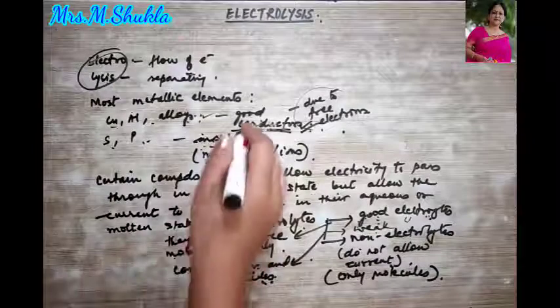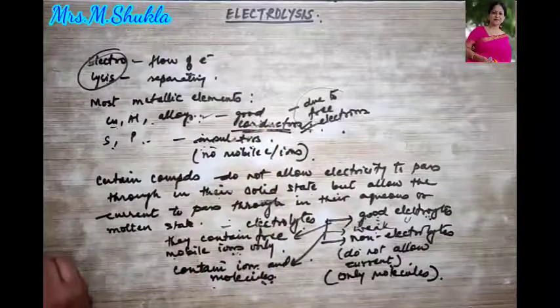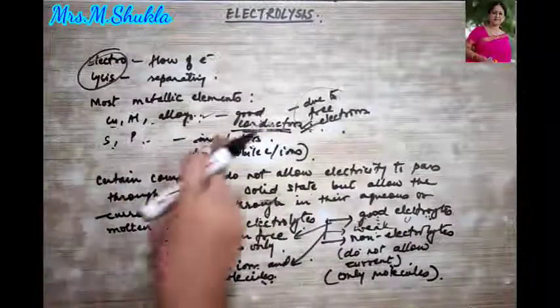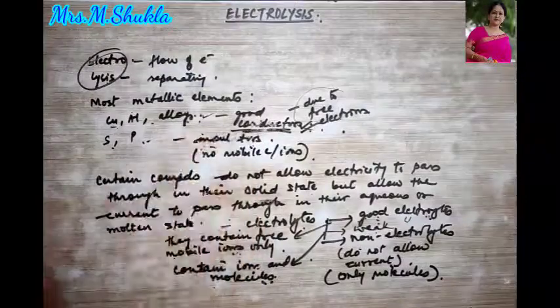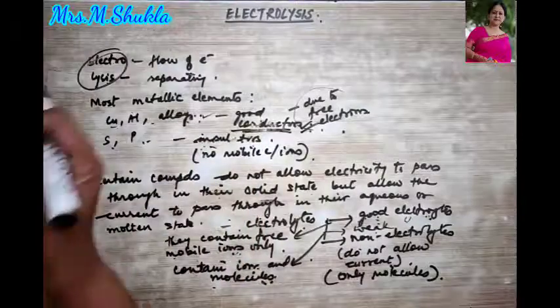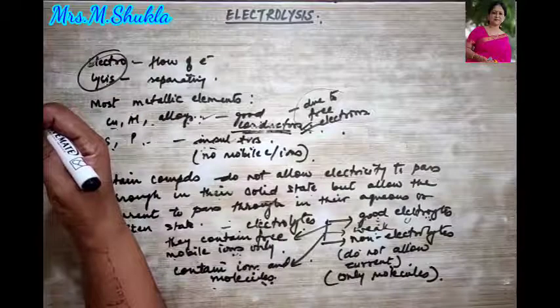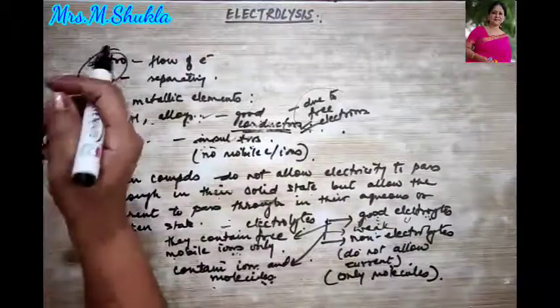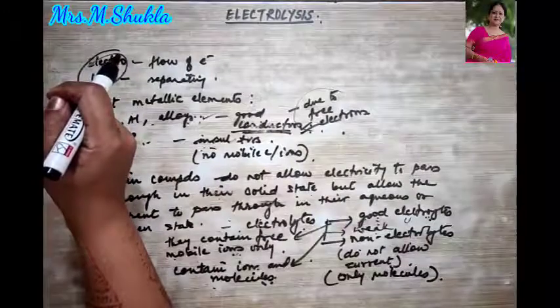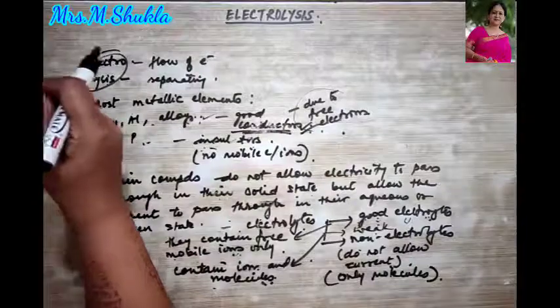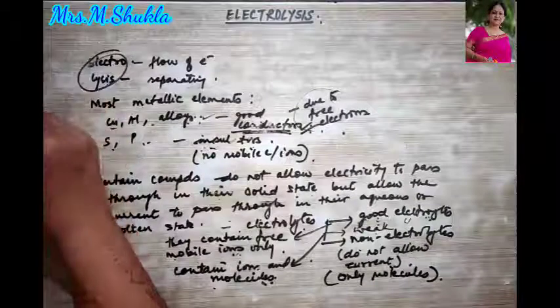Last, the fifth difference between a conductor and an electrolyte: over here, no chemical change takes place. If you bring a spoon and heat it, due to the free flowing of electrons, the tip that you hold becomes hot. But once you take it away from the gas, it will cool down.